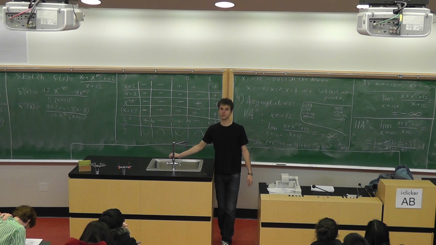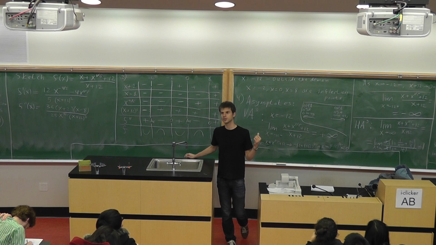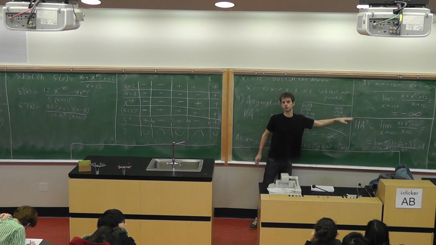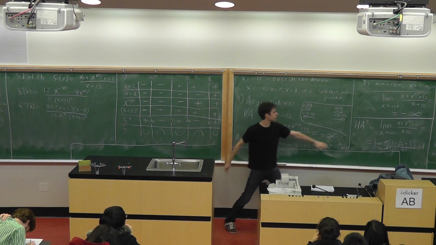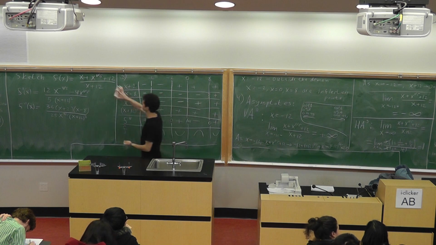Okay, so we find that y equals 1 is a horizontal asymptote at this end, when x goes to infinity in this direction. Well, actually, the same computation works when x goes to minus infinity.